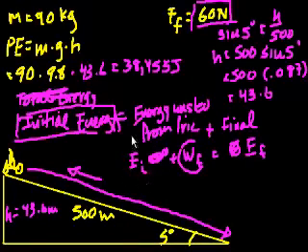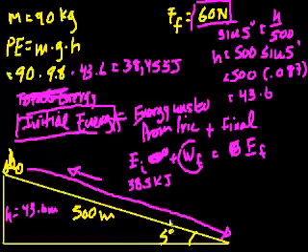Well, initial energy is this 38.5 kilojoules. What is the negative work that friction is doing? Well, it's 500 meters, and the entire 500 meters, it's always pushing back on the rider with a force of 60 newtons. So force times distance: it's minus 60 newtons, because it's going in the opposite direction of the motion, times 500.